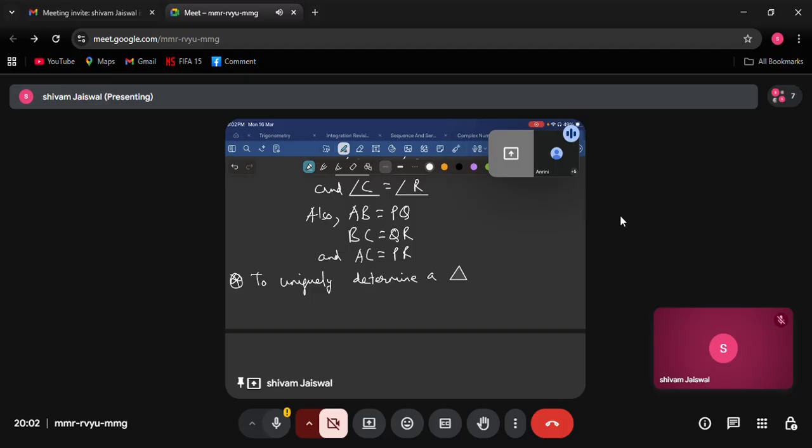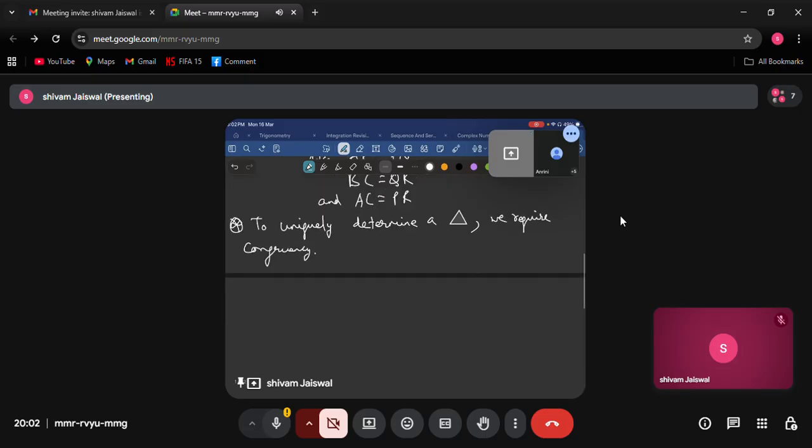Tell me, which concept? Congruency. We require congruency. Remember, everyone knows all the types of triangle. Okay, next. So laws of triangles.